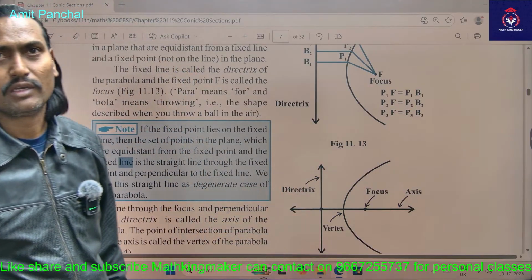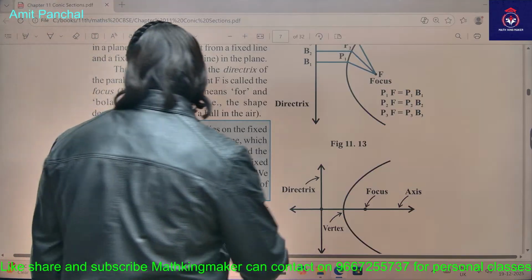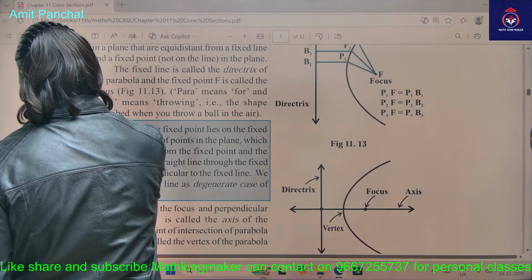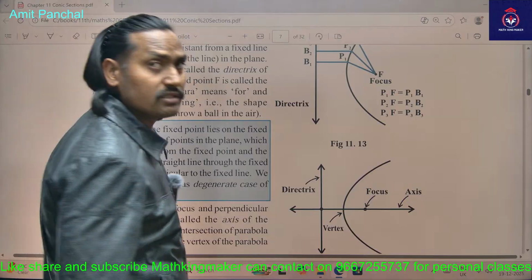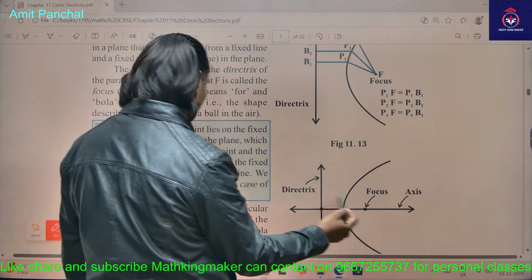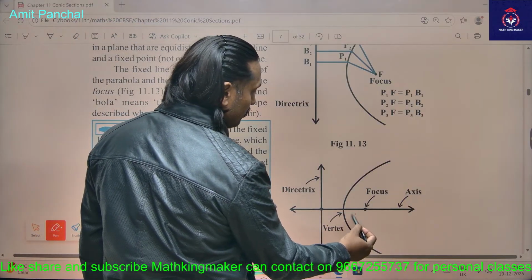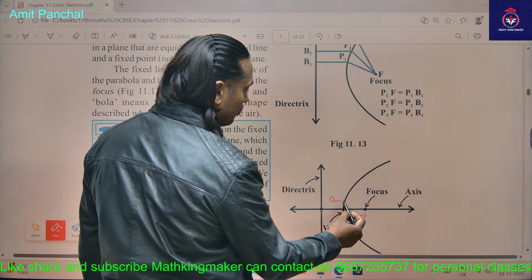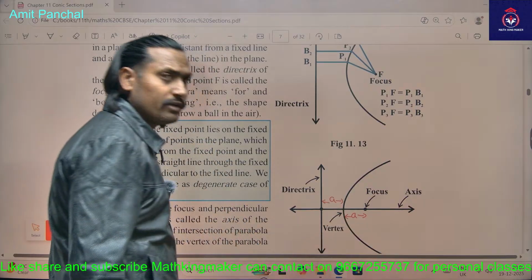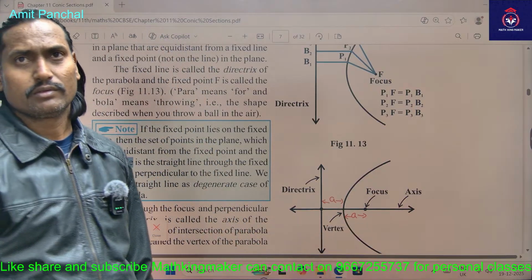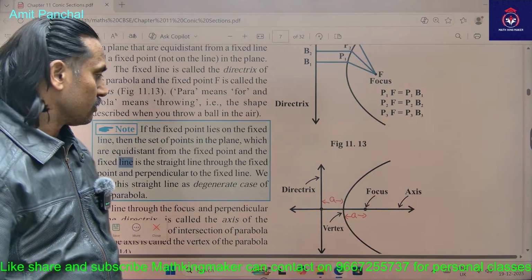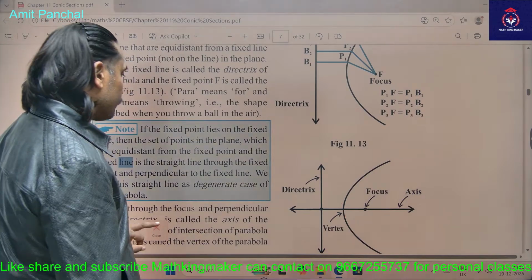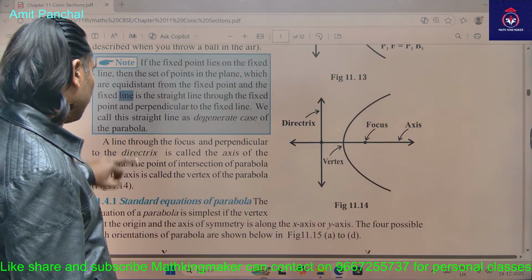It has the same distance from the vertex as the focus has. So if this is a distance, that will also be a distance from the vertex. That is called the directrix.